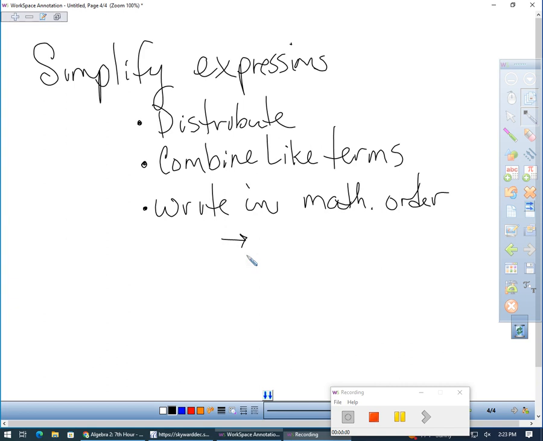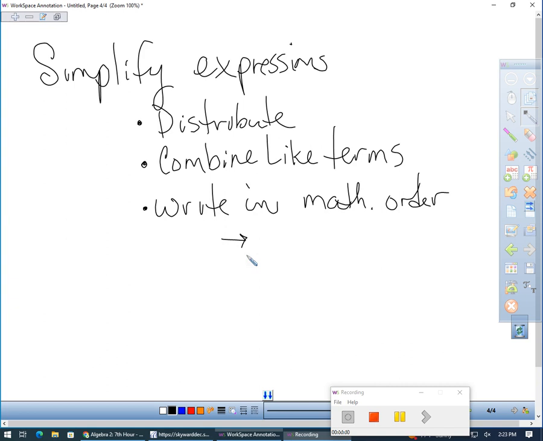So when I say that, there are 2 ways I want you to think about it. First of all, if all of your terms have x's in it, but maybe you have an x, an x squared, an x to the third, how do you know what term comes first? When you're writing it down, what should come first? Your term with the what? With the variable. No. If they all have variables. But maybe one has a variable that's squared, one has a variable that's to the third.